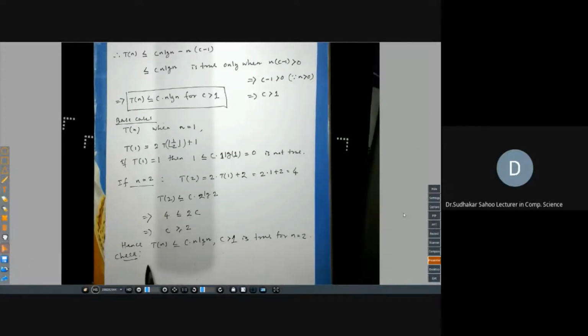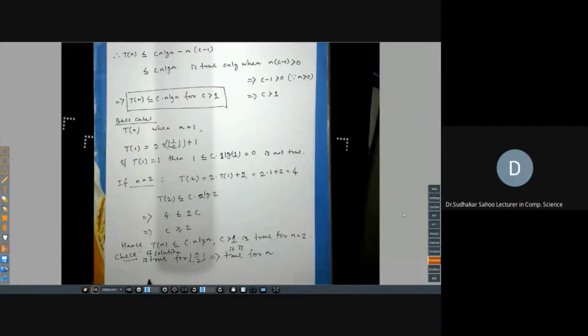To check that, we have proved that if your solution is true for n by 2 floor, this implies it is also true for n. Using induction, if the solution is true for n by 2, then it is true for n.